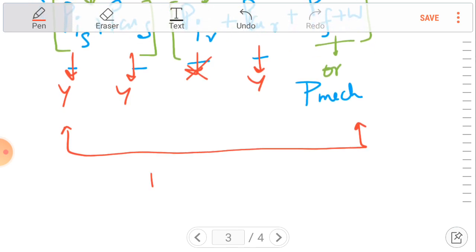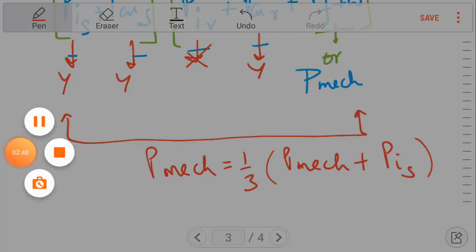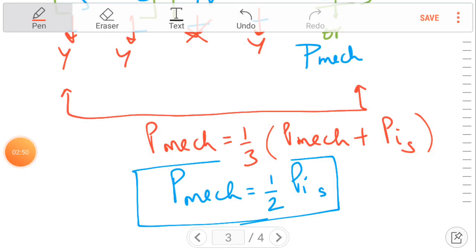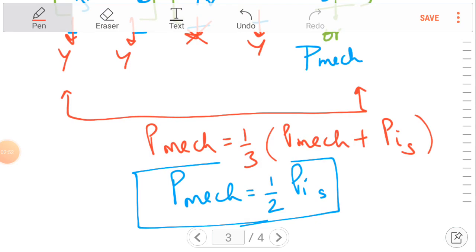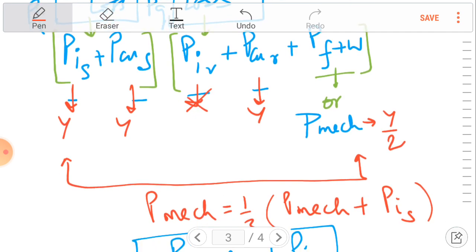So P mechanical equals one third of (P mechanical plus P iron loss at stator side). So mechanical power loss is equal to half of core loss at the stator side. If the core loss at stator is y, then the mechanical power loss is y by 2.